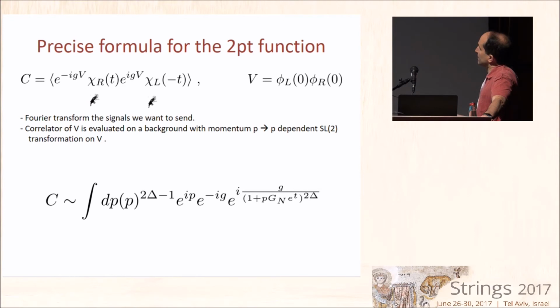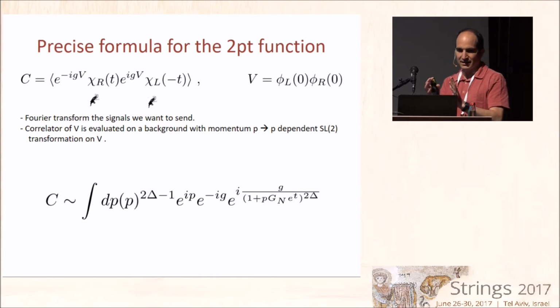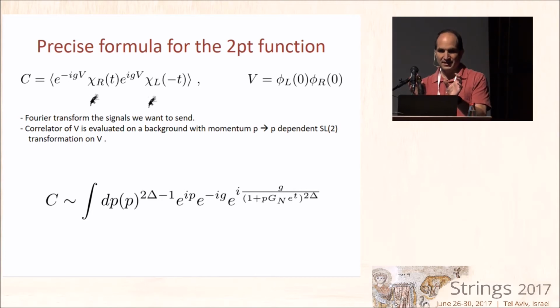And then this correlator that appears here will be evaluated on a background with momentum P. And that effectively gives a P-dependent SL2R transformation on V. So that was the displacement of the trajectories.